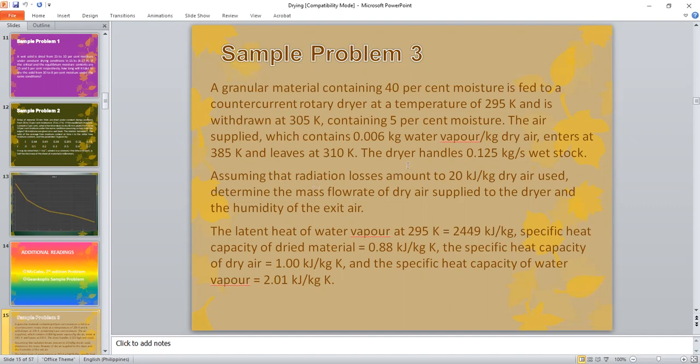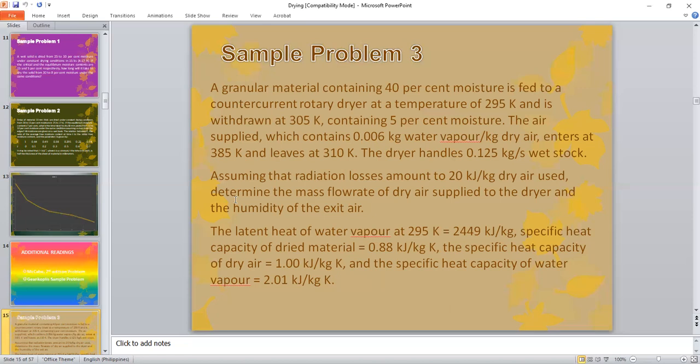The dryer handles 0.125 kilogram per second of wet stock. So this is the feed rate to our dryer. Assuming that radiation losses amount to 20 kilojoule per kilogram dry air used, determine the mass flow rate of dry air supplied to the dryer. So this is the first requirement, the mass flow rate of dry air and the humidity of the exit air.